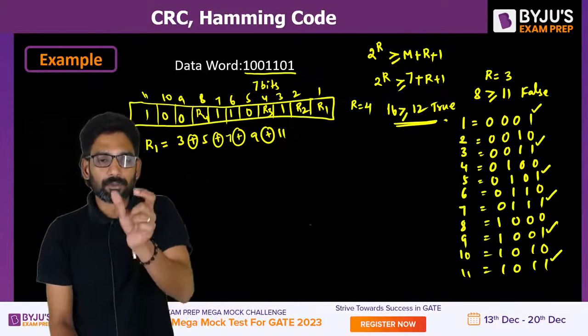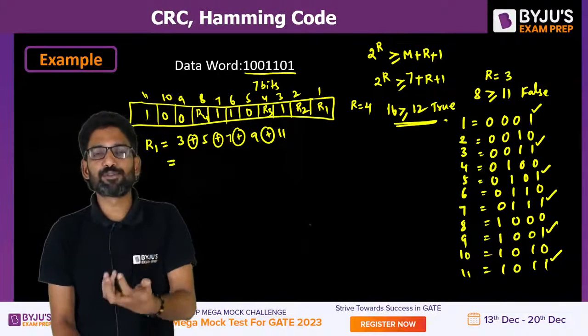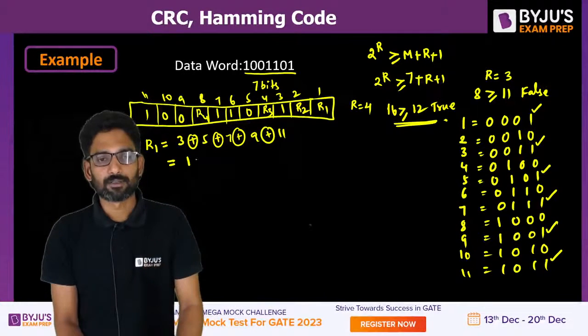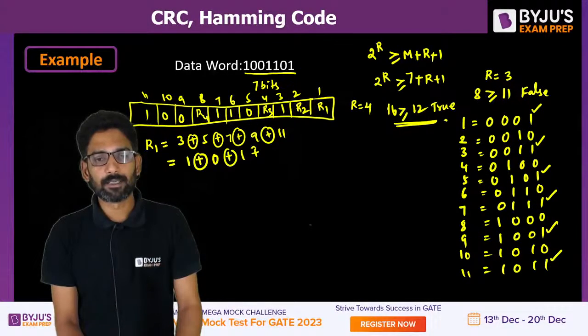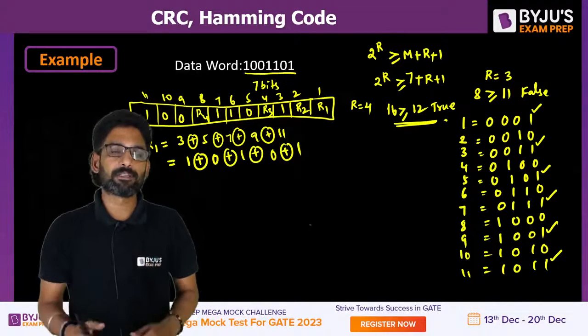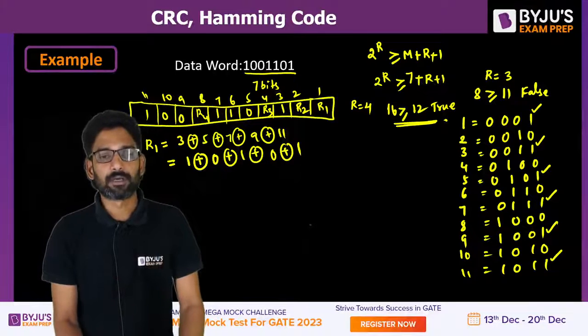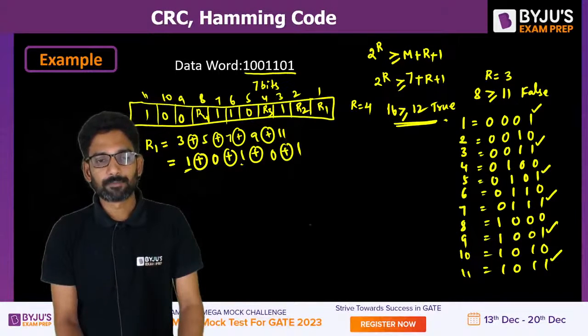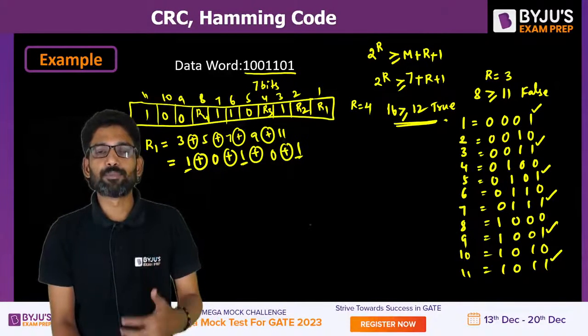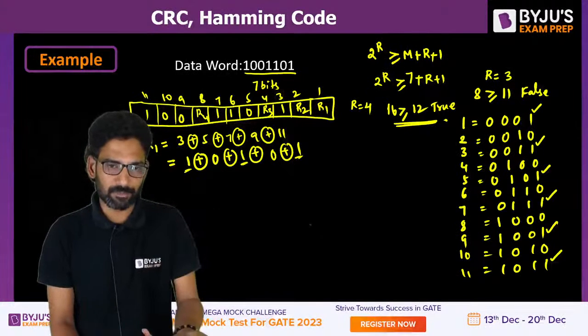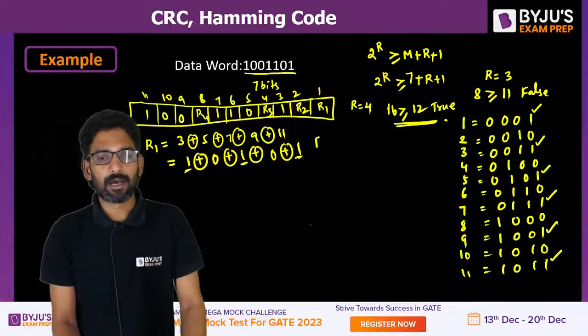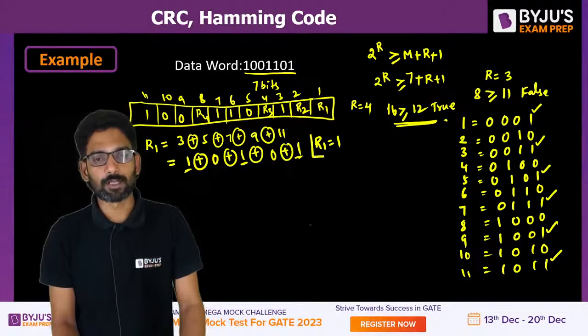Now take these position values and do XOR. Third position has 1, fifth has 0, seventh 1, ninth 0, 11th 1. How many ones do we have? Odd number. So to make it even, let's say I follow even parity, R1 must be 1.